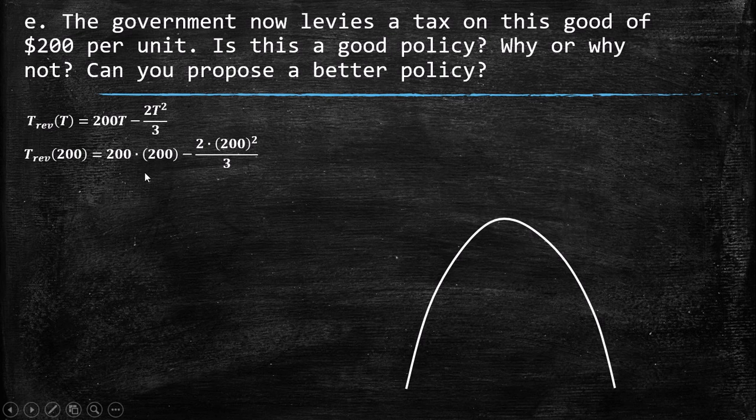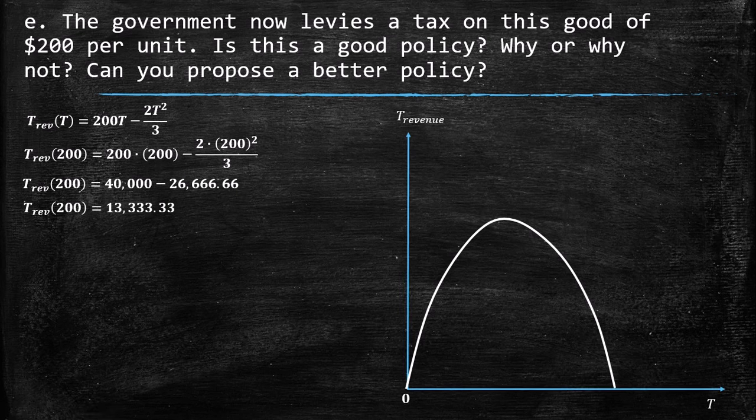So we have 200 times 200, which is this one, and 200 squared times 2 over 3 is this one, and this is the revenue. Remember our function: the maximum that the government can receive charging a tax is going to be 15,000, given a 150 tax.